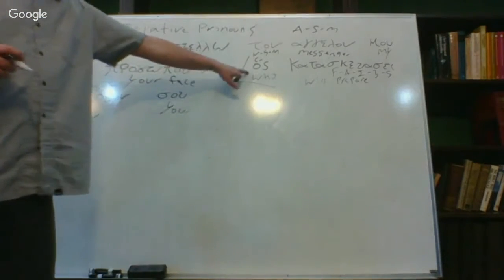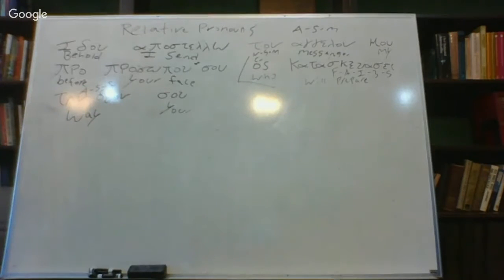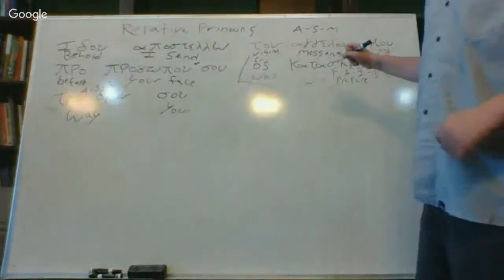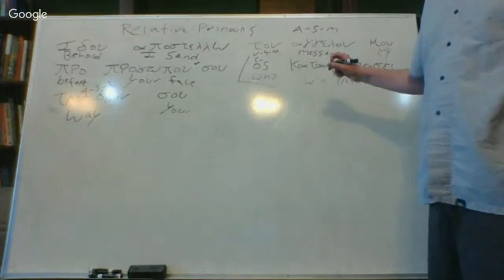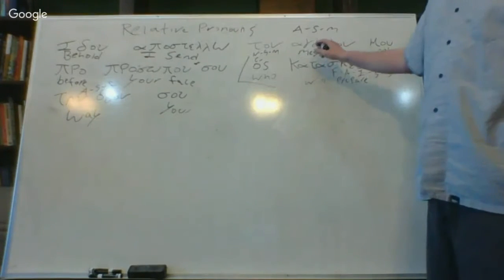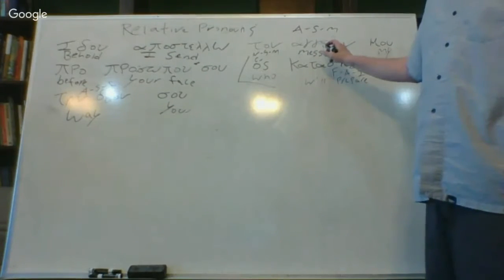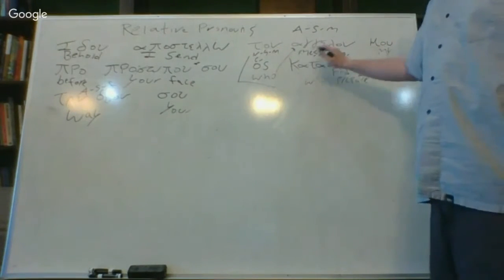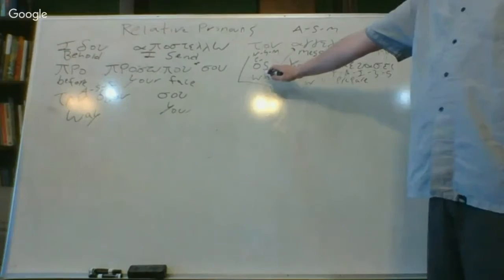So the hos, what is the antecedent of hos? Messenger. Messenger, and how do you know that? Noun. Yeah, they agree in number and in gender. So angelon is our antecedent of hos.